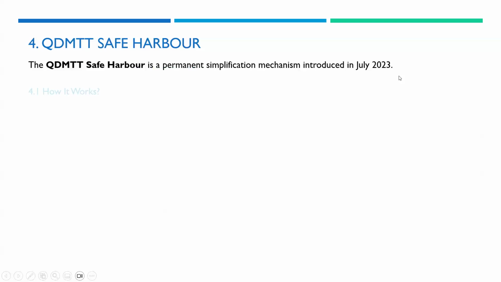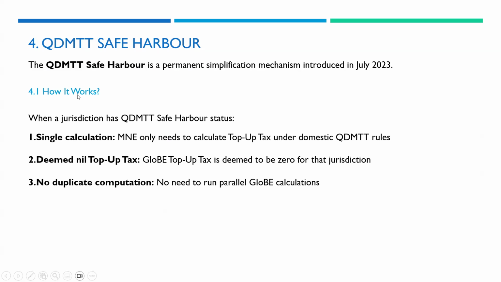First thing you have to understand is you should be a QDMTT, and the OECD should also give you a safe harbor status. Then only it will apply. Just because you have a QDMTT does not mean you have a QDMTT safe harbor. In the central record of the OECD, you should also have a QDMTT safe harbor status. Both should be there. Then only you will get the safe harbor.